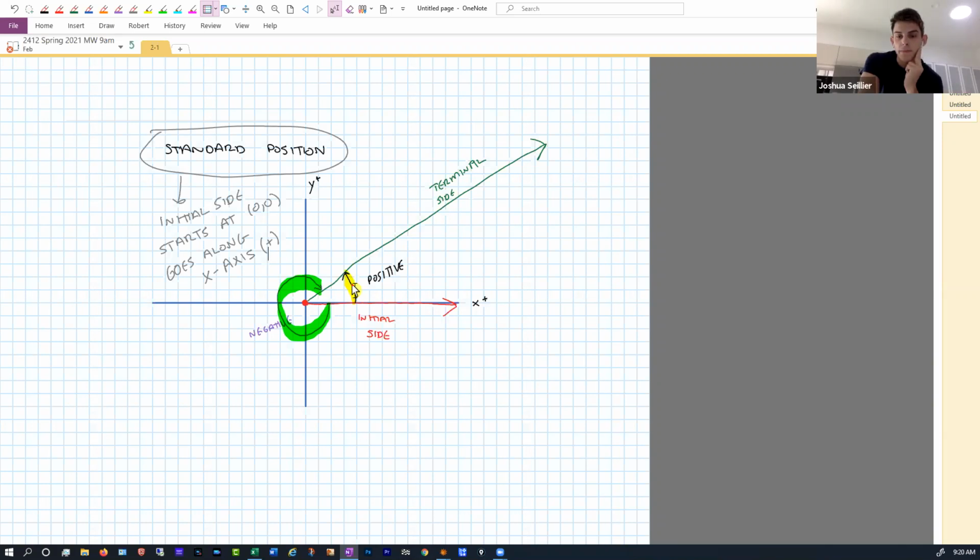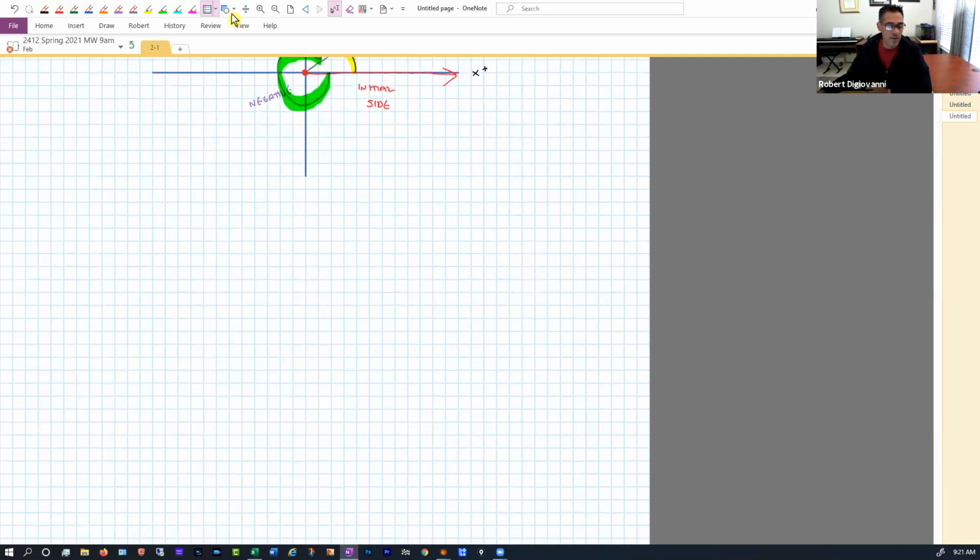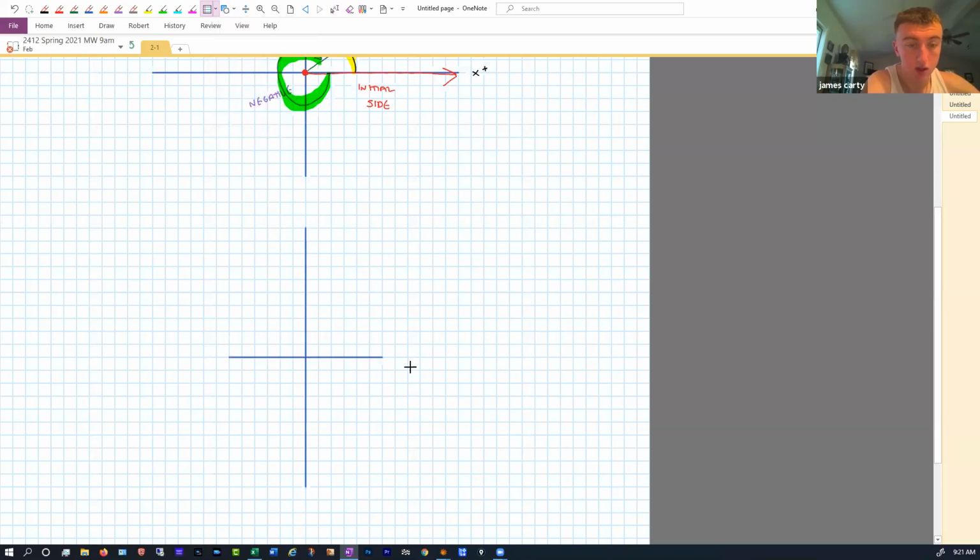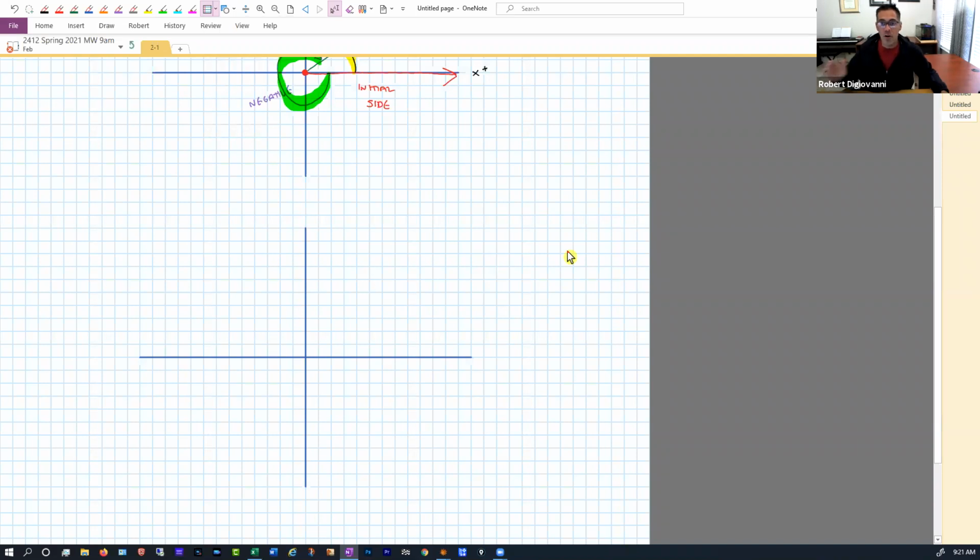But if we all agree at least that the initial side's going to run along the x-axis right here, it's just going to make life very, very easy for all of us to communicate with each other, because we will all at least be starting with our initial side here. If we don't have some convention, then if I say, I want you to draw this certain angle, one person could come in here and say, oh, this is my initial side, this is my terminal side, and we're talking about the angle between them here.